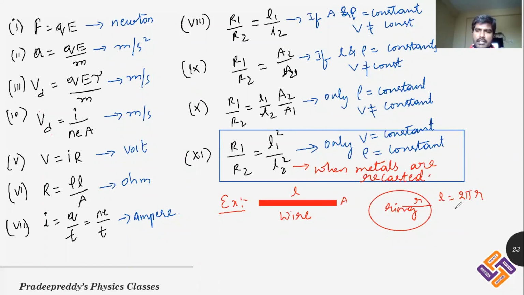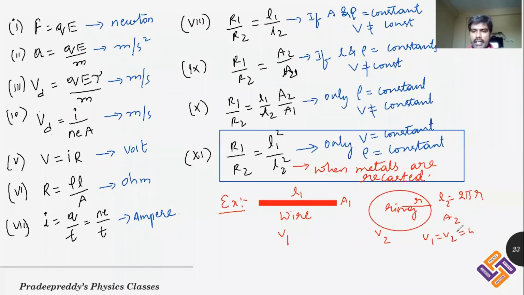Area of cross section is also varied. Here area of cross section is A1, and this is L1, this is L2. Area of cross section here will be A2, right? Area of cross section will be different in this case. But volume of the first one and volume of the second one are equal.